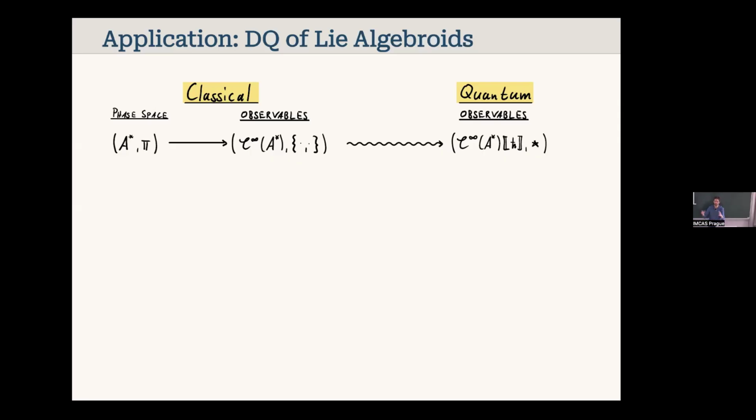So if we assume our manifold itself is actually a vector bundle, then you can talk about linear Poisson structures. For linear Poisson structures, it turns out the phase space is actually the dual of a Lie algebroid. And what we're interested in is finding star products that are, in a certain sense, homogeneous, that are compatible with this linear structure of our space.